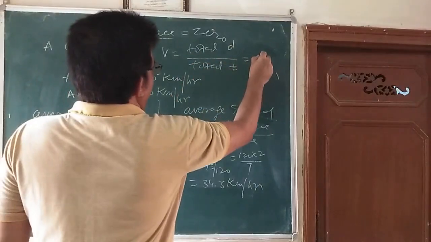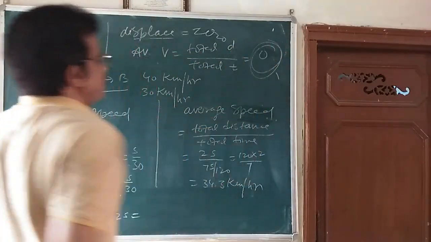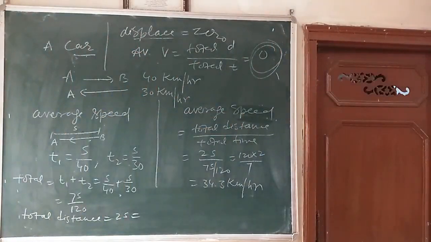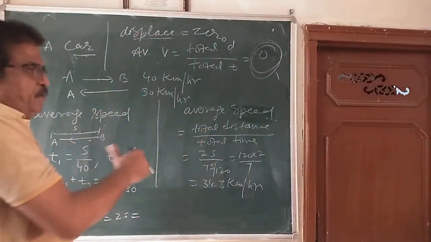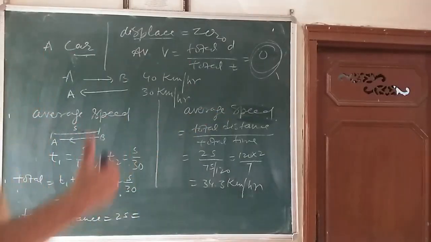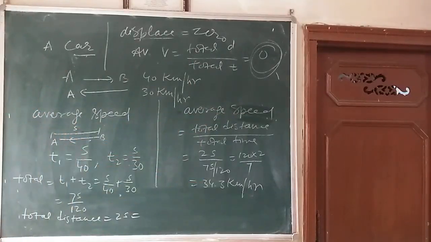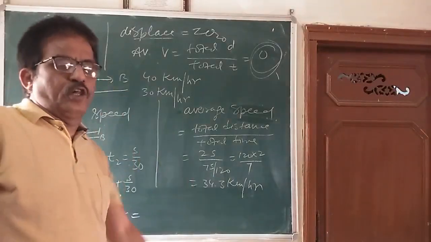Displacement is 0, so average velocity would be 0. Is that clear? There is no displacement. हम जहां गए थे वापस वहीं आ गए. So average velocity would be 0. But average speed can't be 0. Okay, so this is the way to solve the numerical also.